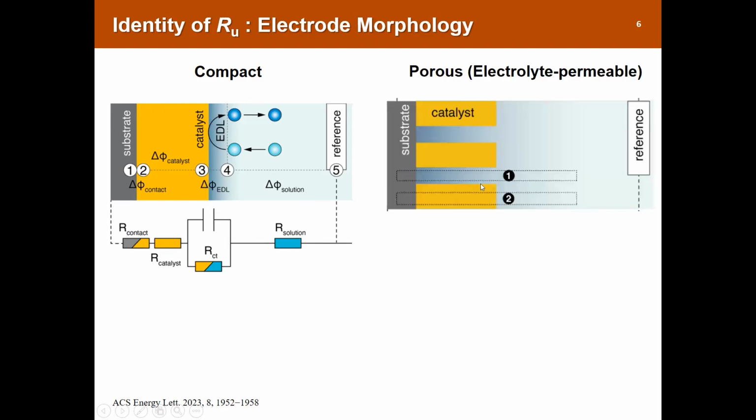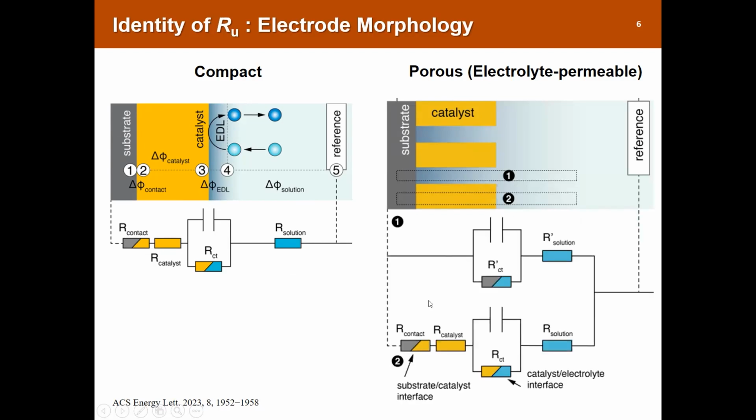But what happens if we do the RU measurement for the porous electrode? We quite often use porous electrodes for battery or catalyst applications. As opposed to the compact electrode case, in this number one case, the solution is actually touching the substrate. So number one and number two, including the solution resistance plus electron transfer resistance plus contact resistance, exist in parallel.